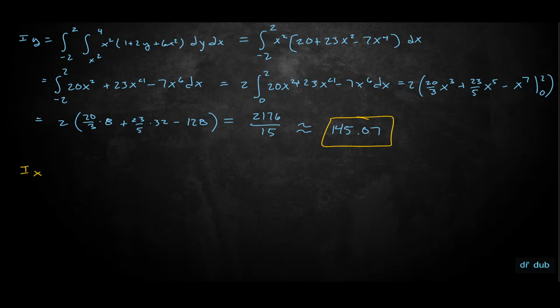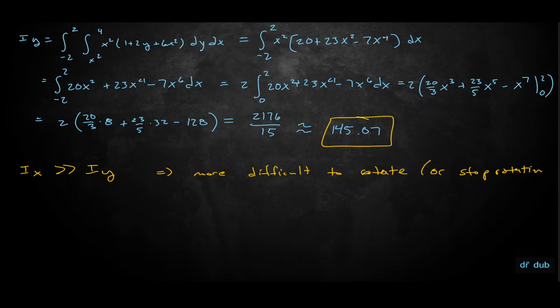So Ix is much, much larger than Iy, which means it's more difficult to rotate, or stop rotating if already rotating, around the x-axis.